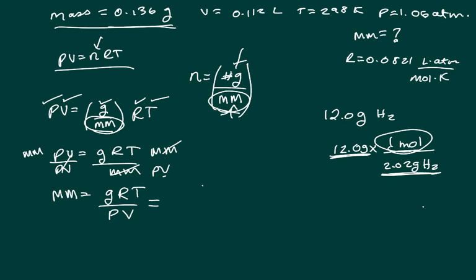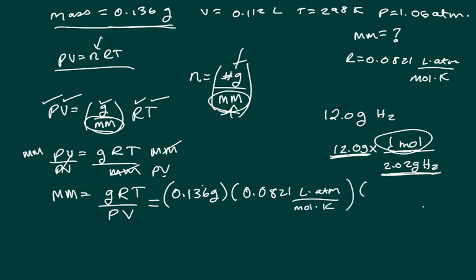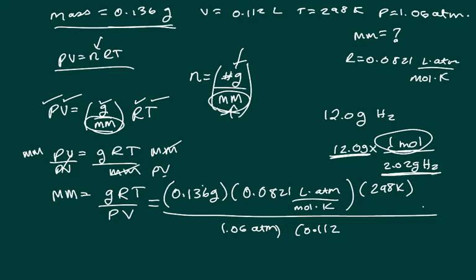So now we have our number of grams as being 0.136 grams, and then we have our R as 0.0821 liter atm per mole K, and we have our temperature as, let's see, what is our temperature here? 298 Kelvin, divided by our pressure, which is 1.06 atm, and our volume, which is 0.112 liters.